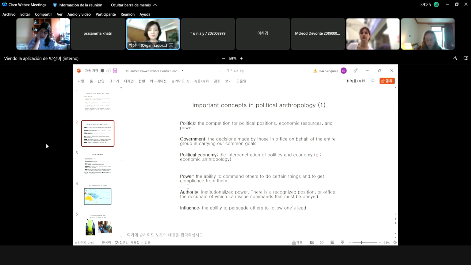So it's the ability to persuade others, in that case the family members, to follow one's lead. So, okay, power, authority, and influence are different in very important aspects. And influence is not necessarily weaker than others, depending on the context.